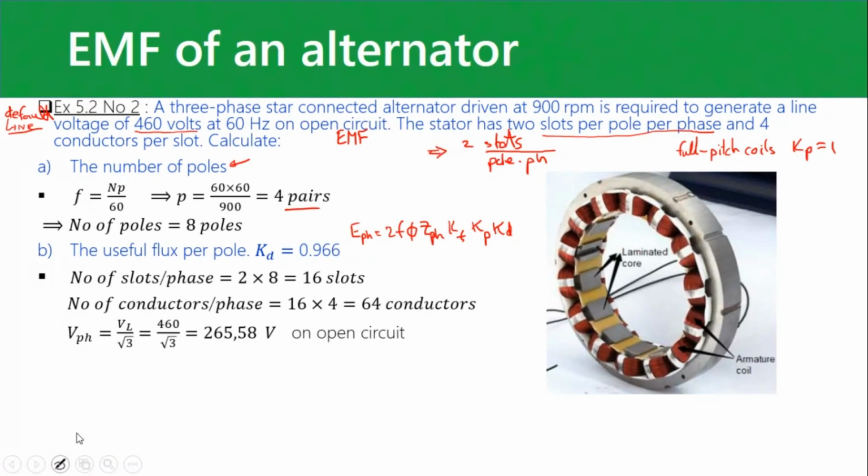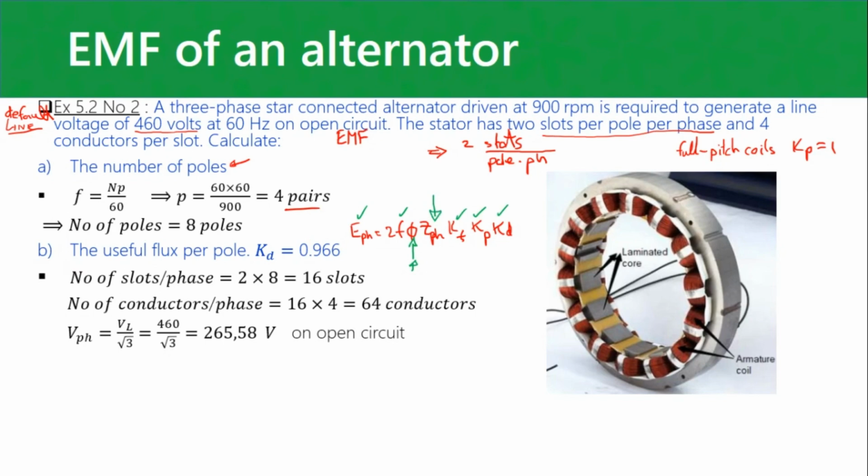How do we start finding out what this is? We have the E, which we have to modify to get the phase value. We've got the frequency. KF, we know what that is, 1.11. KP is going to be 1, and they give us KD. So in order to get this, we need to calculate the number of conductors per phase.